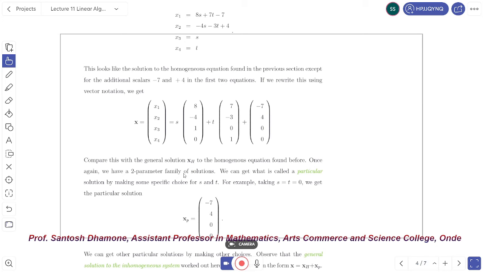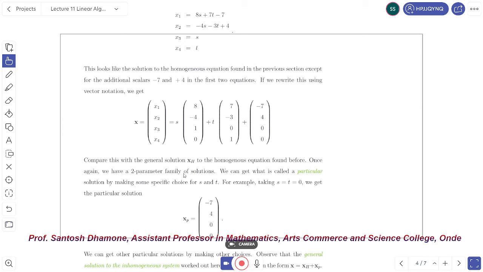From the last and today's lecture we observe one thing: for any solution x of the system, x is equal to xh, the general solution, plus xp, the particular solution.